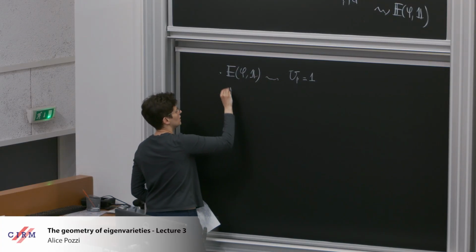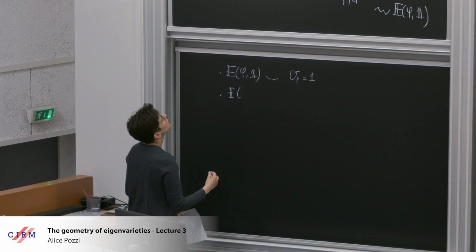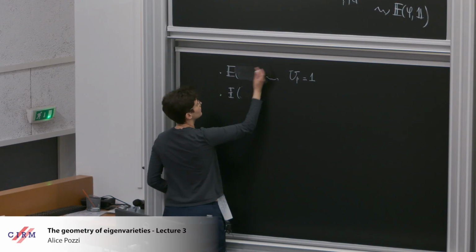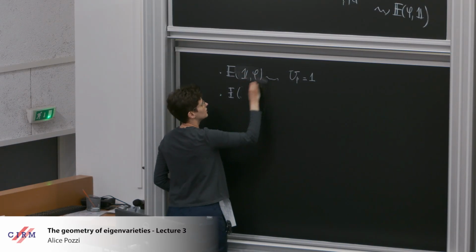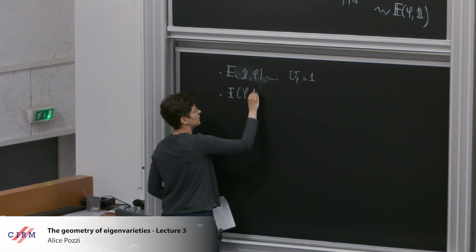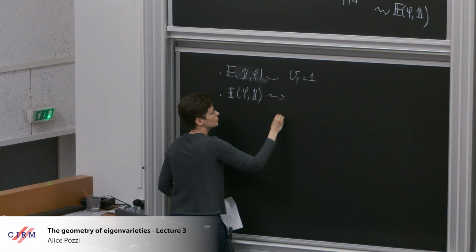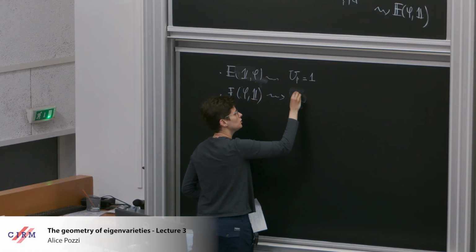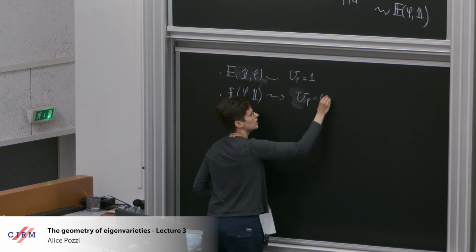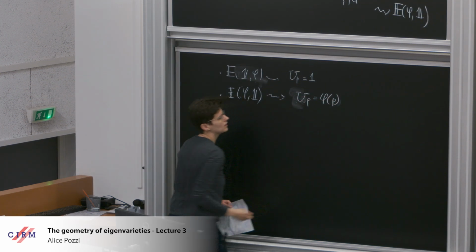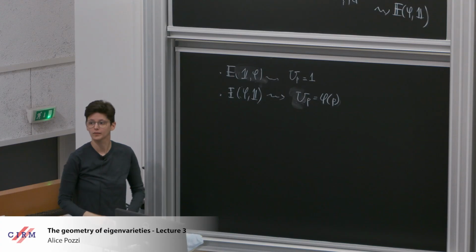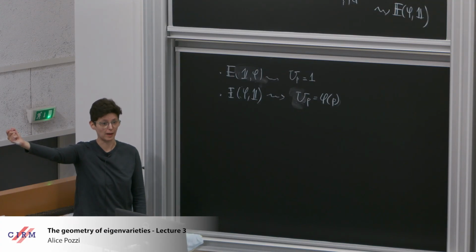And for the other ordering, you get the UP is equal to phi p constantly across the family.